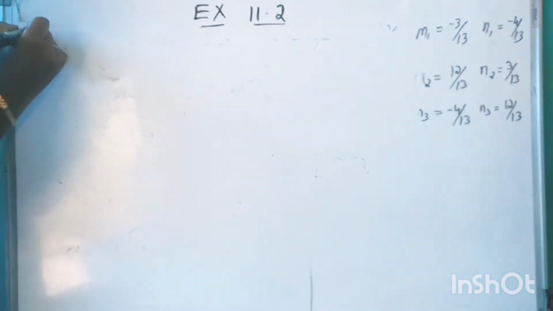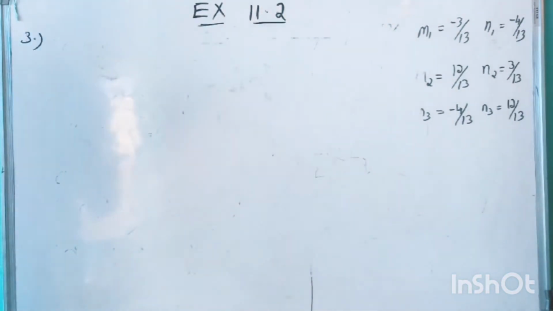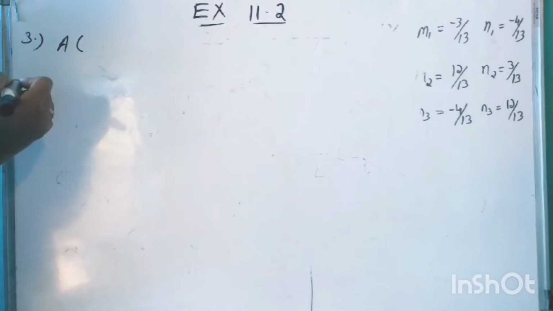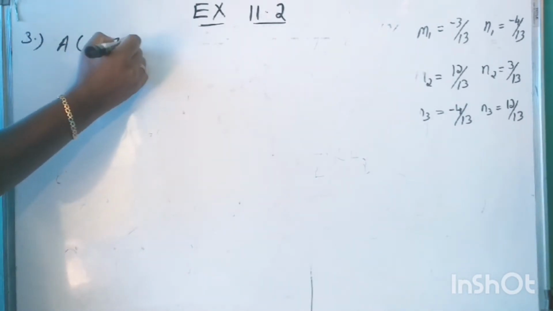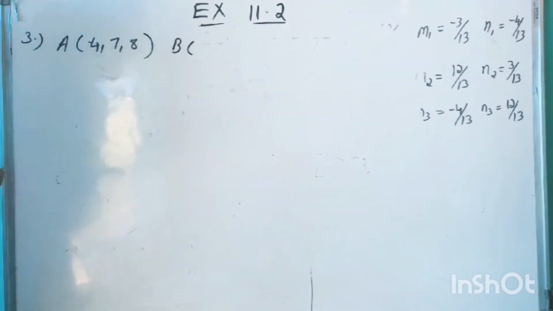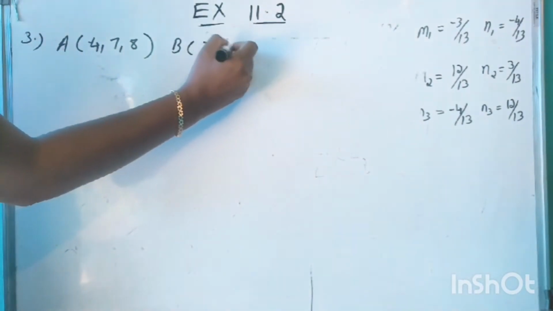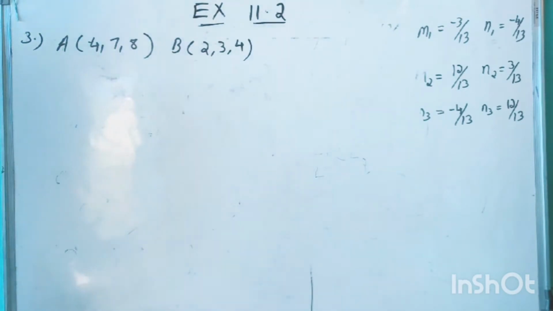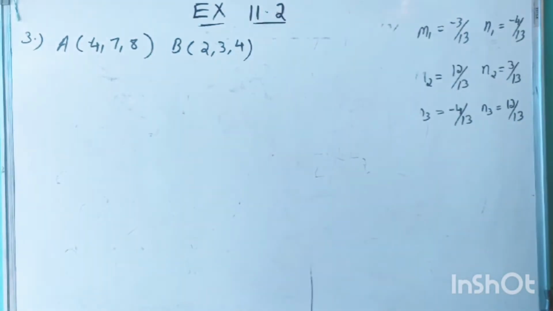Third one, the given points are A (4, 7, 8) and B (2, 3, 4).